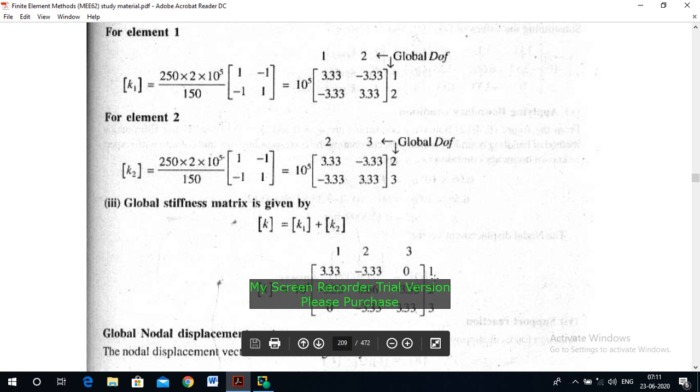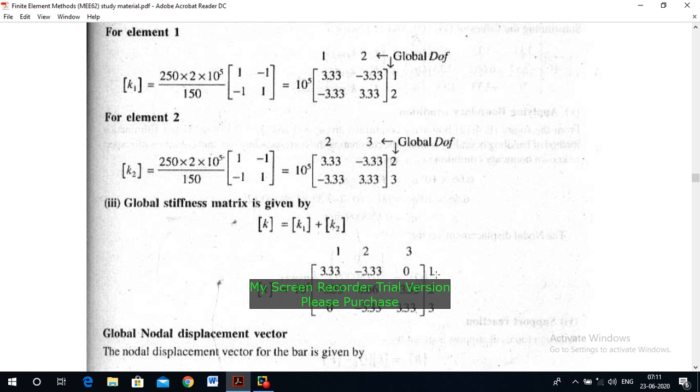First, we need the element corresponding to column 1 and row 1. In matrix 1, the element corresponding to first column, first row is 3.33, but in matrix 2 there is no element corresponding to first column, first row, hence 3.33. Next, we need the element corresponding to row 1 and column 2. In matrix 1, the element corresponding to second column and first row is minus 3.33, but there is no element in matrix 2 corresponding to second column and first row, hence minus 3.33.